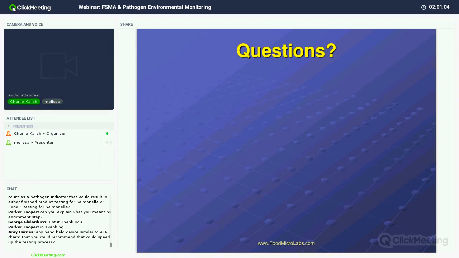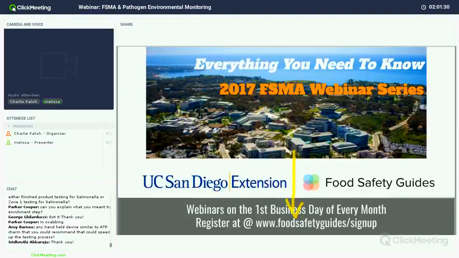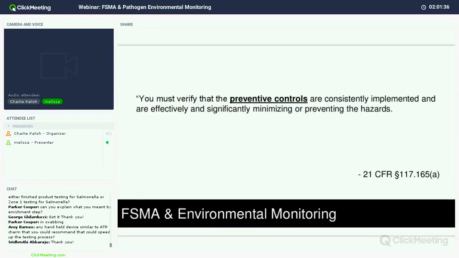Okay, great. So I think we'll take one more question, and that is, can you explain what an enrichment step is when swabbing? So an enrichment step is the step in the analytical laboratory where you take the sponge swab or the scraping or whatever the sample material is, and you introduce that sample into pre-enrichment broth, or basically a culture media that's intended to grow and amplify the target organism you're looking for.